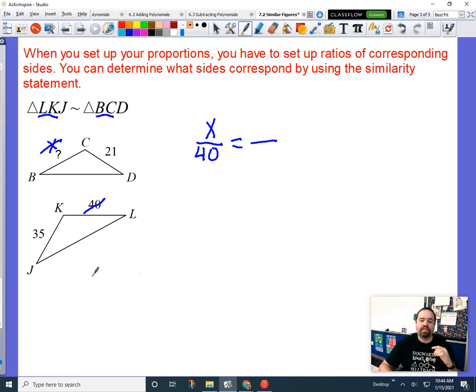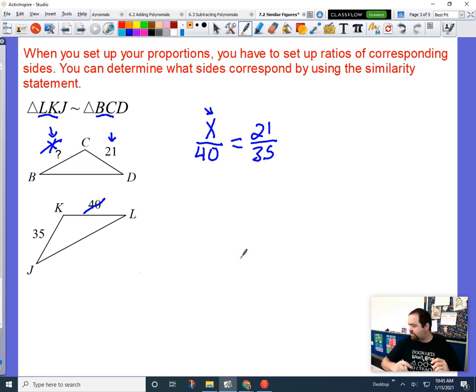I just have to make sure that I put the right number on top and on bottom, because if I do it backwards, I'm not solving equal proportions. So since I started with the X, this was the first piece I used. My second ratio has to start from the same triangle. If I start with X, I have to start with 21 in my second ratio.